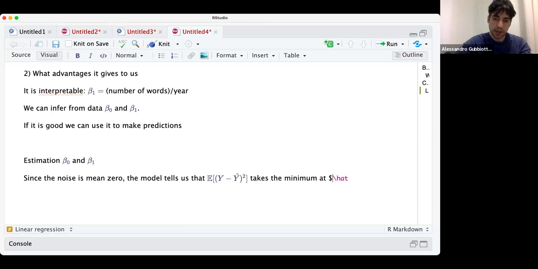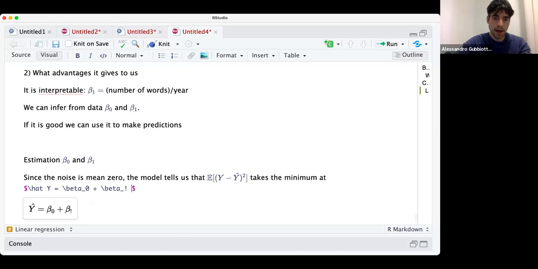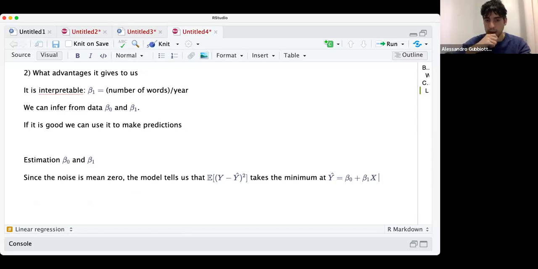So this function here, beta 0 plus beta 1 x, minimizes the least square error.